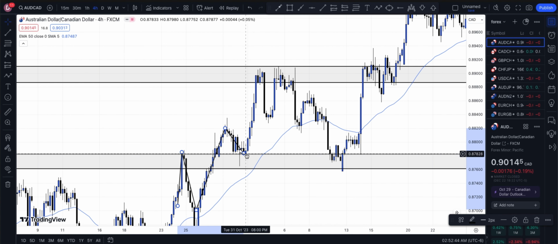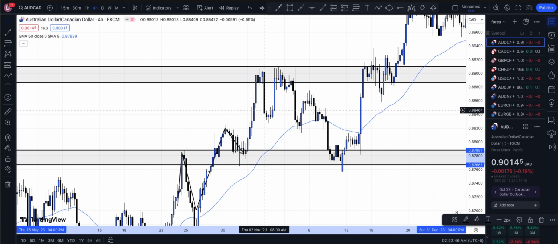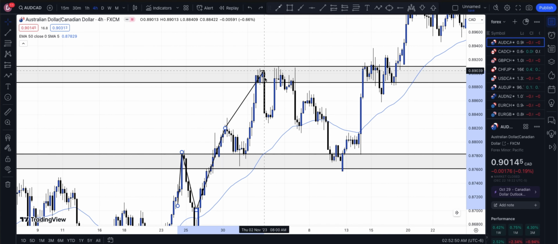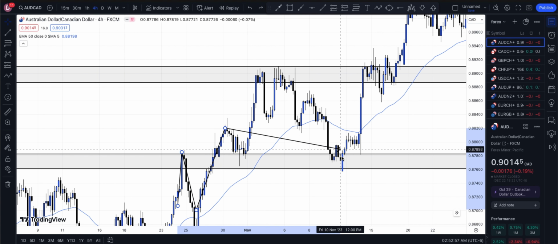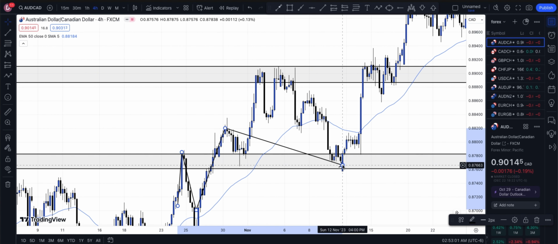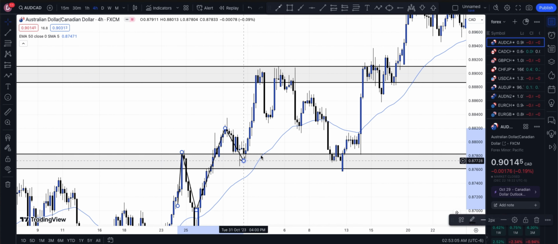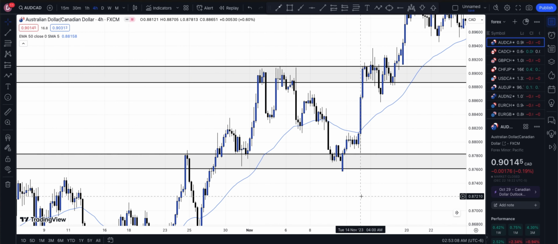You want to know what we do? We wait. We wait for price to have a higher high, higher low, lower high, lower low, lower high, lower low. What a coincidence that this lower low is at a daily and weekly area of interest. Why does that matter so much?